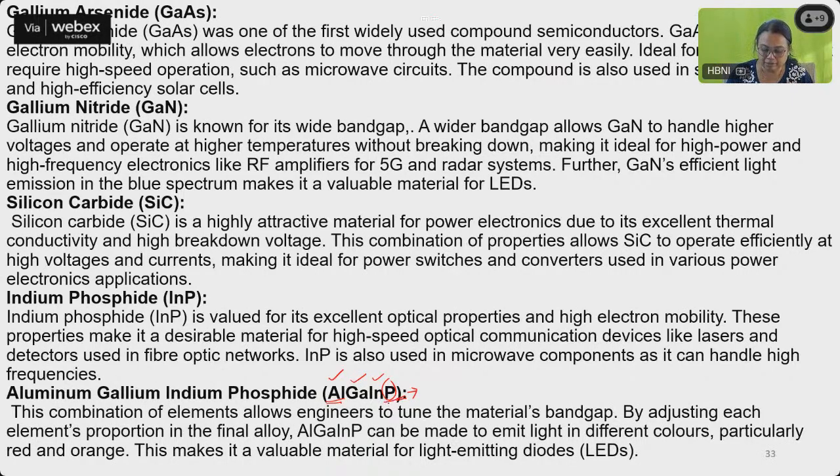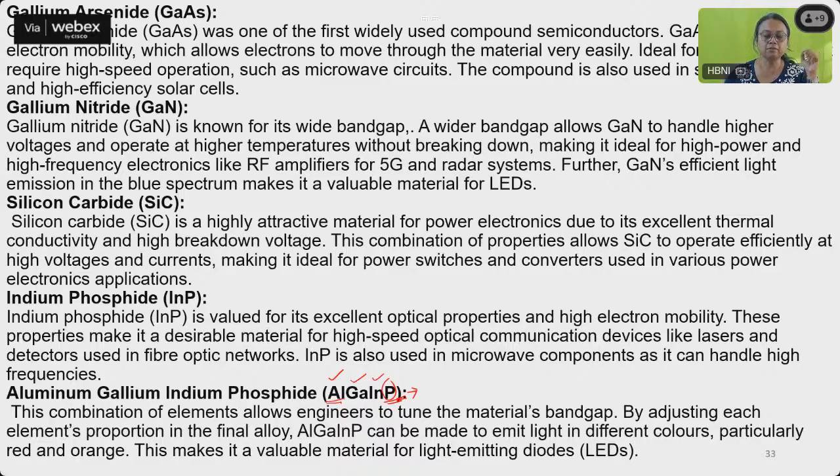If we increase the phosphorus in it, it becomes an N-type semiconductor. If we increase the aluminum in it, it becomes a P-type semiconductor. So just by adjusting each element's proportion in the final alloy, it can be made into a different type of semiconductor and can be made to emit light in different colors, particularly red and orange. So it is a valuable material for LEDs.